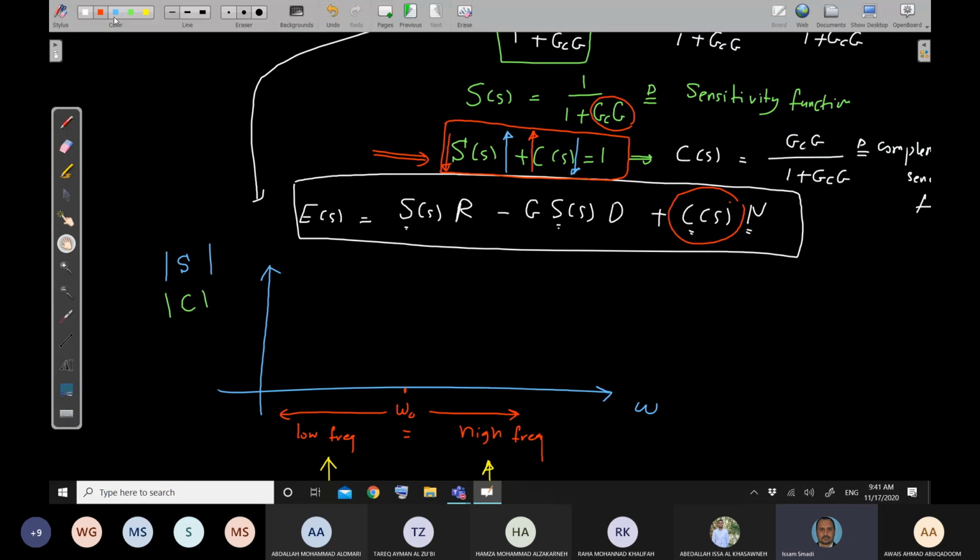If I plot here the amplitude of GCG, can I design it such that it has high amplitude here and very low amplitude here? Yes or no?